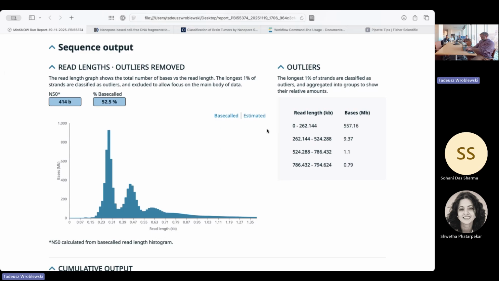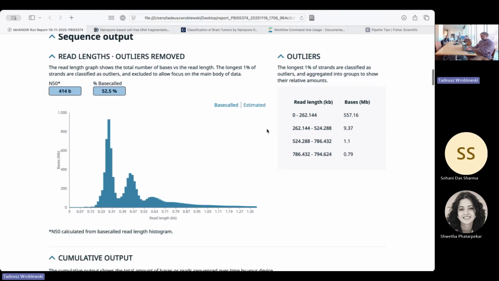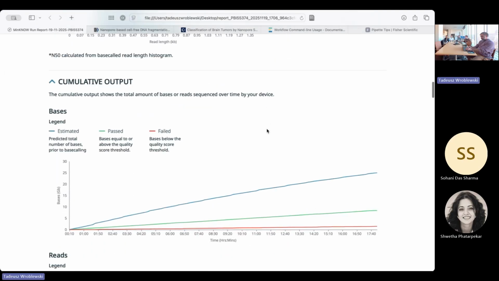Three distinct peaks, or three distinct distributions, because of the different nucleosomes: mononucleosome, dinucleosome, and polynucleosome. So it looks good to me. Let's go to the next.